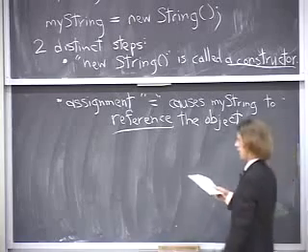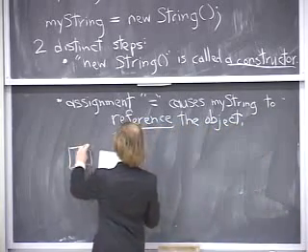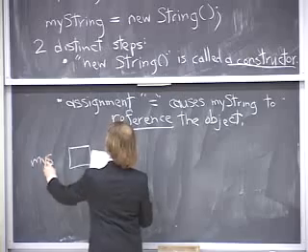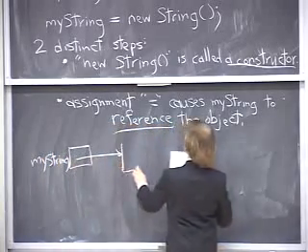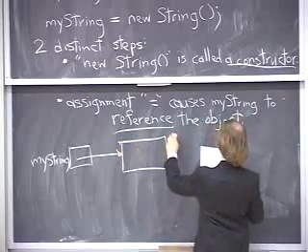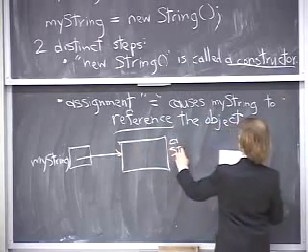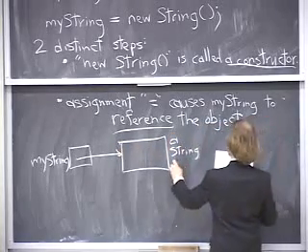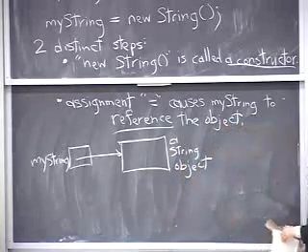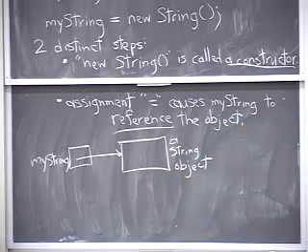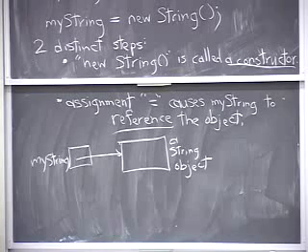And the way we show that, now we have our variable myString, and it's pointing at this string object here. So there's your first 2 lines of Java code. There'll be lots more next lecture.